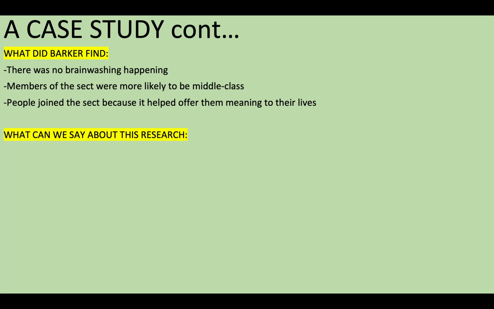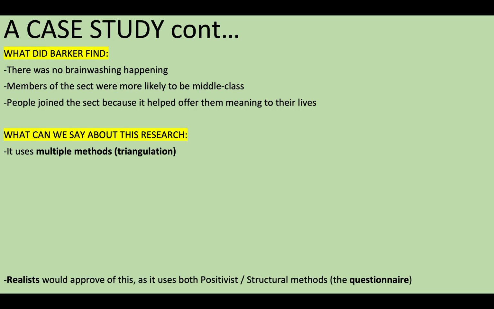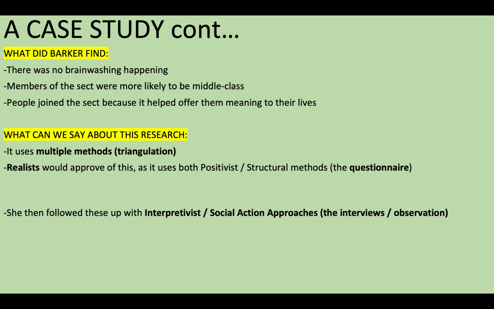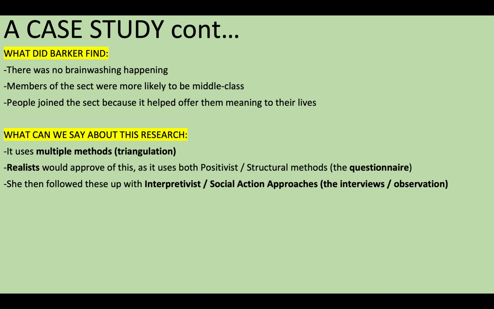Now, what can we say about her research? Okay, it uses multiple methods, triangulation. Realists, not realists as in crime and deviance realists, this is different. So remember, look back at the previous video. They would approve of this as they like positivist structural methods, the questionnaire that she used, and then she followed that up with interpretivist or social action approaches, the interviews or the observation.